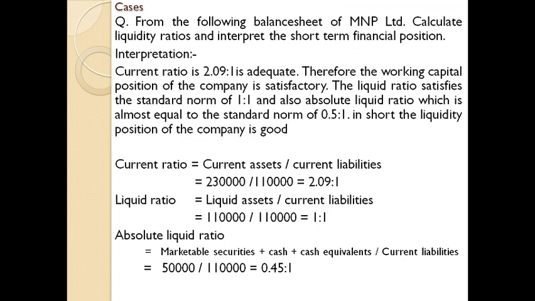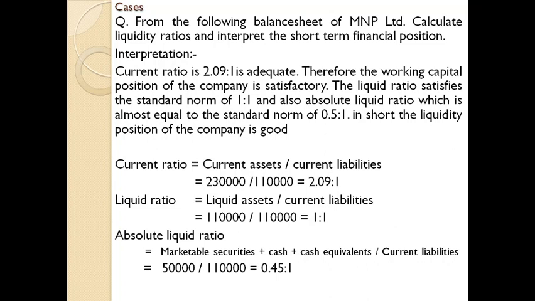Here the current ratio is 2.09:1, which can be considered as adequate because we have learned that the universal standard for current ratio is 2:1. Here it is 2.09:1, it is adequate. Therefore, the working capital position of the company is satisfactory because current ratio is otherwise known as working capital ratio.